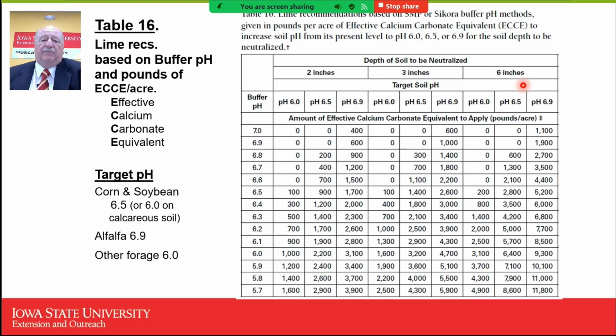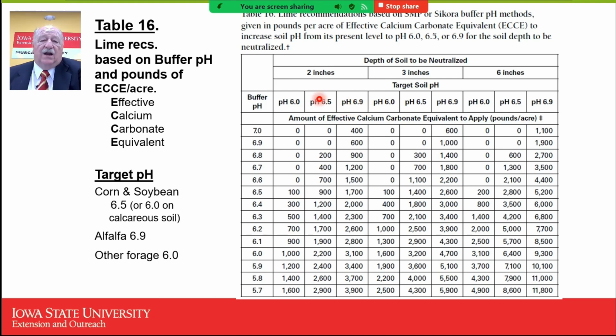If I'm looking at some deeper tillage, it's probably 6. And then we have to ask ourselves, okay, now that I know how deep I'm going to neutralize, do I want to bring that to a pH of 6, as in Northwest Iowa, 6.5 as in Southeast Iowa, or 6.9 if I'm talking about alfalfa?